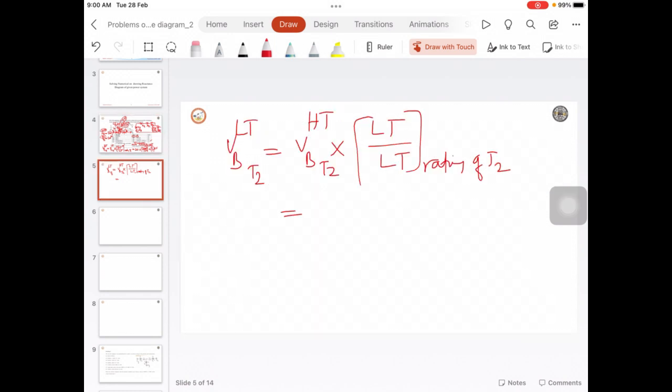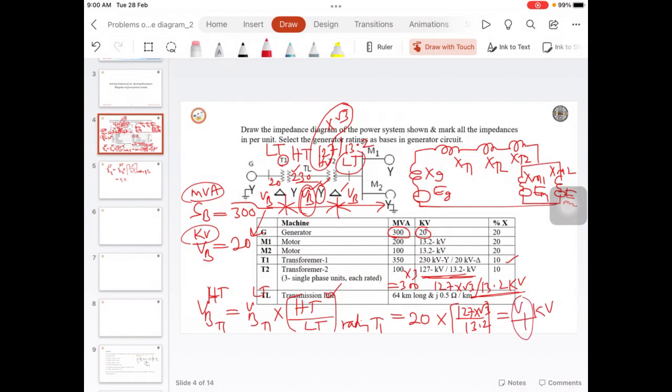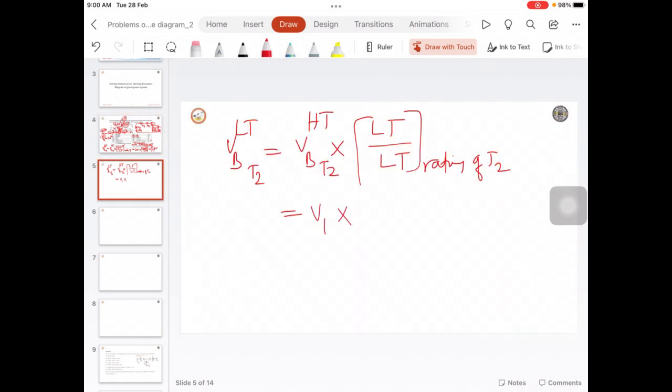So, V1 into LT side voltage rating divided by HT side voltage rating.